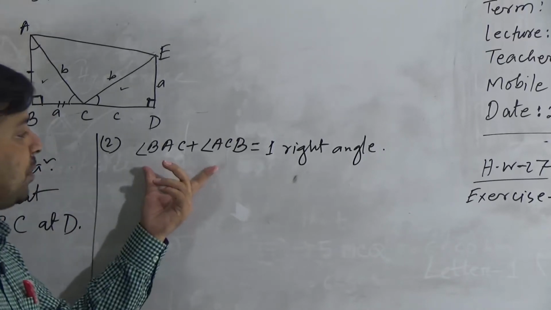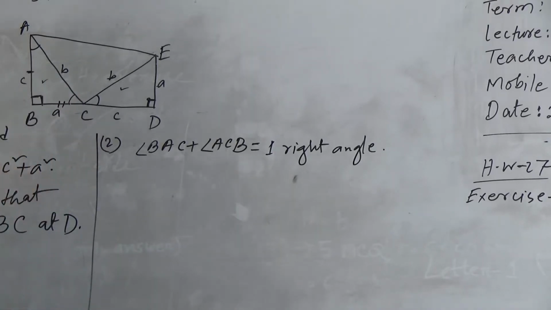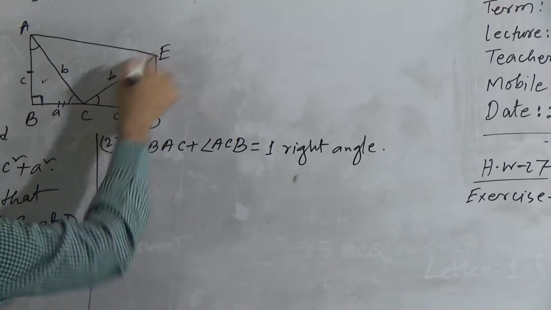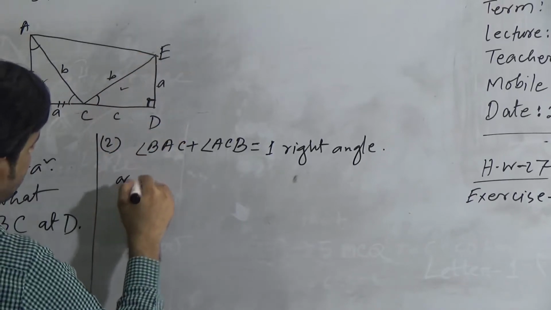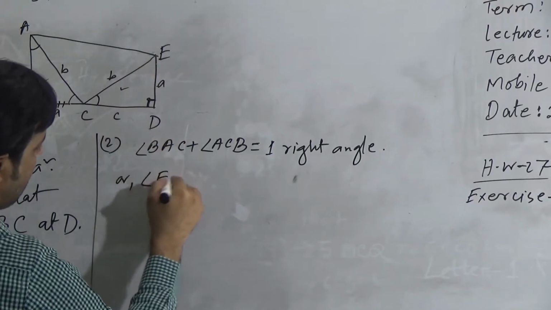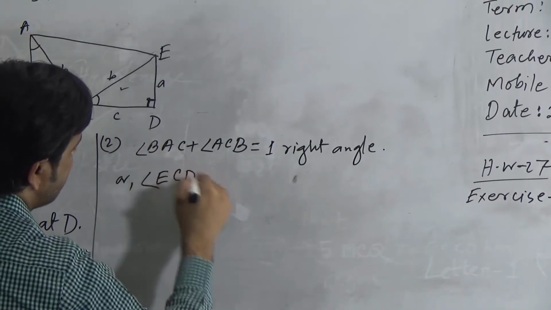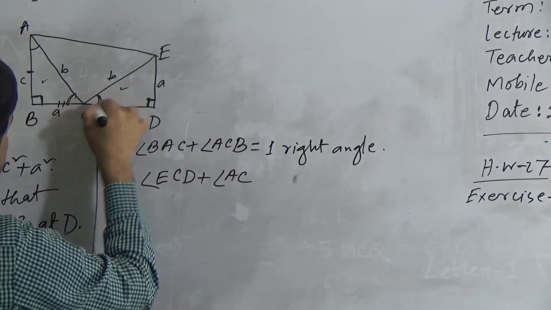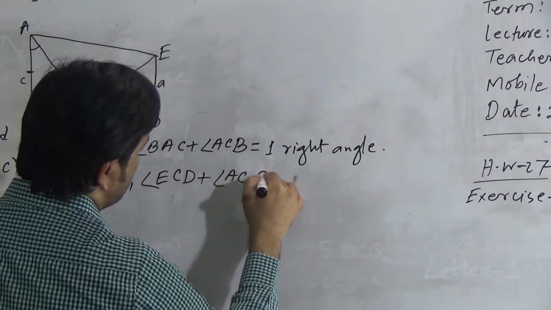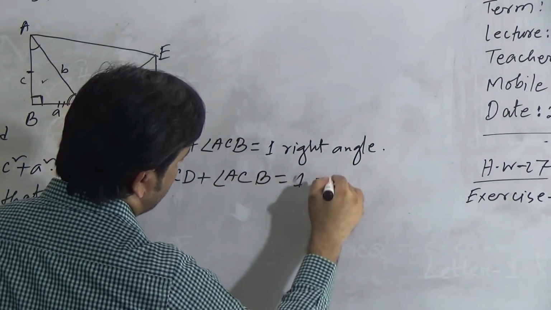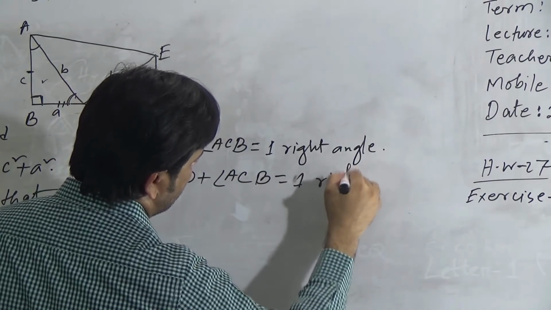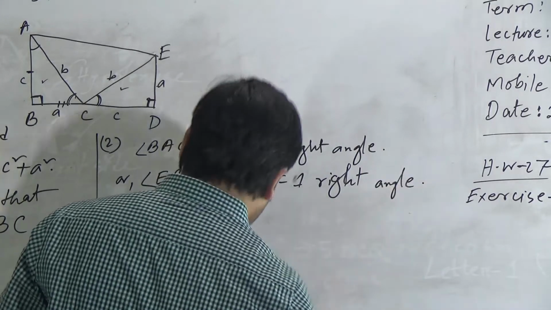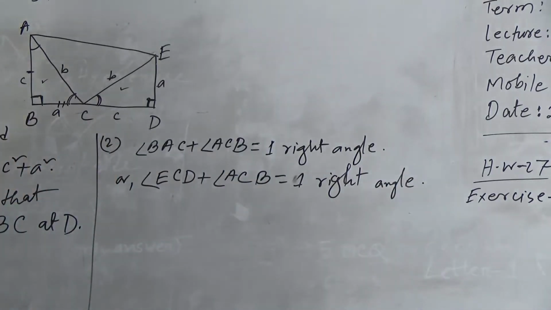Now we can replace angle BAC by angle ECD, as these two angles are equal. So we can write ECD plus ACB is equal to one right angle.